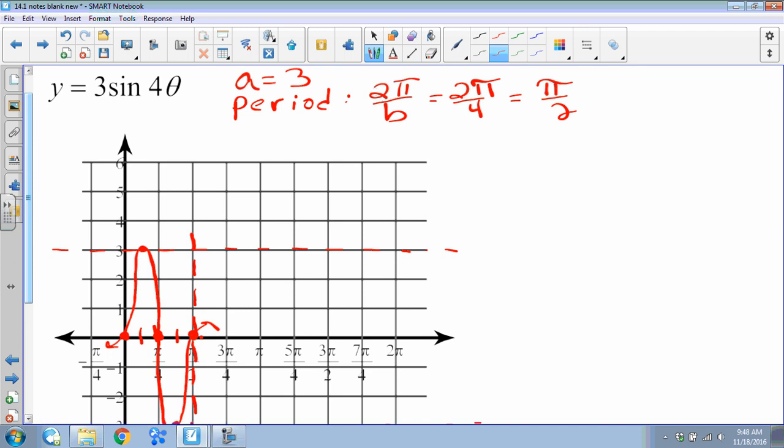See, if I went all the way to 2 pi, this would repeat itself 4 times. If I went all the way to here, I would keep going back again, and it would repeat. That cycle would repeat 4 times. You have 4 waves from 0 all the way to 2 pi. Okay? Any questions? Okay, let's do numbers.